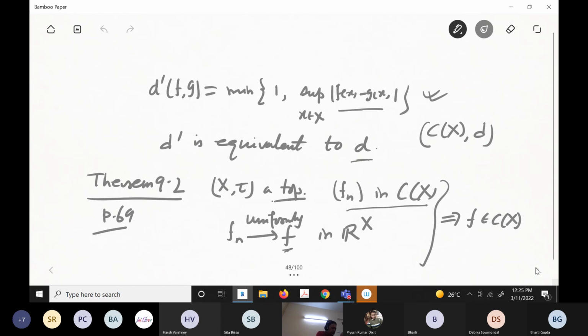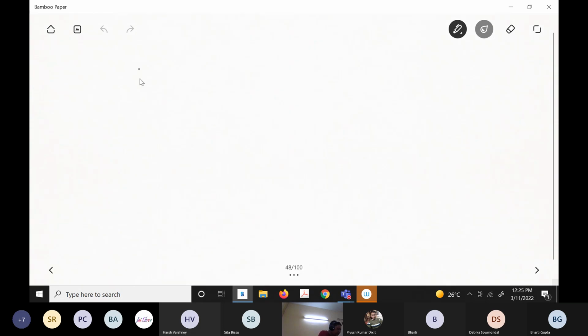Why? Now you should check that on R^X, the D that I have given is a complete metric.